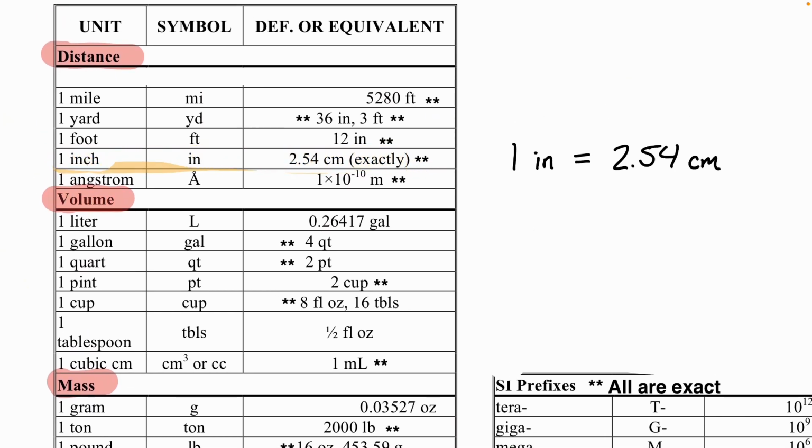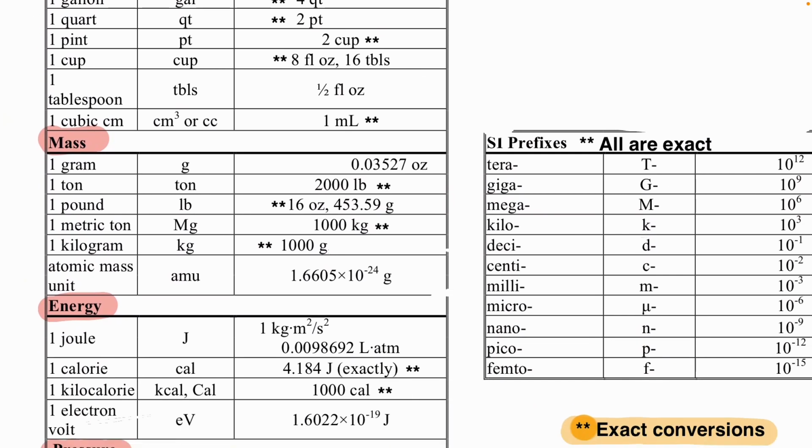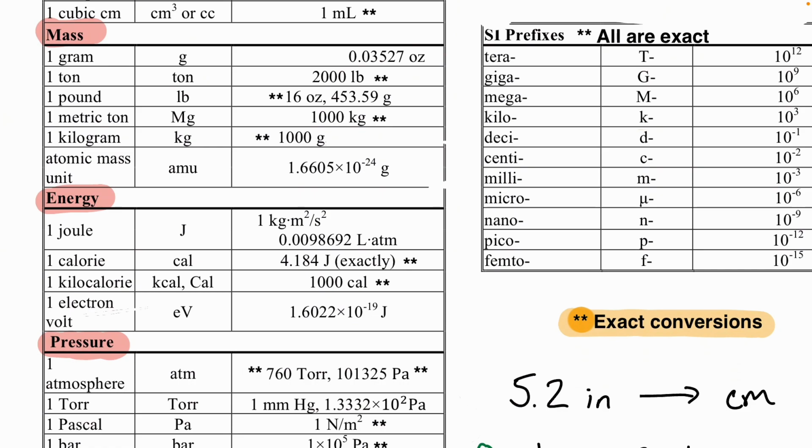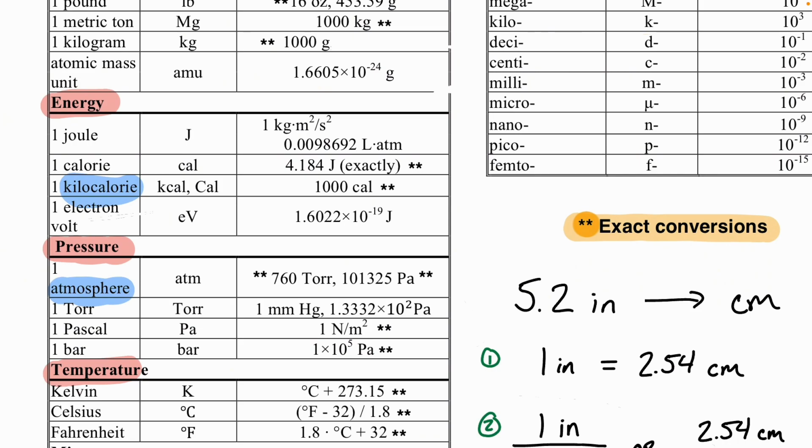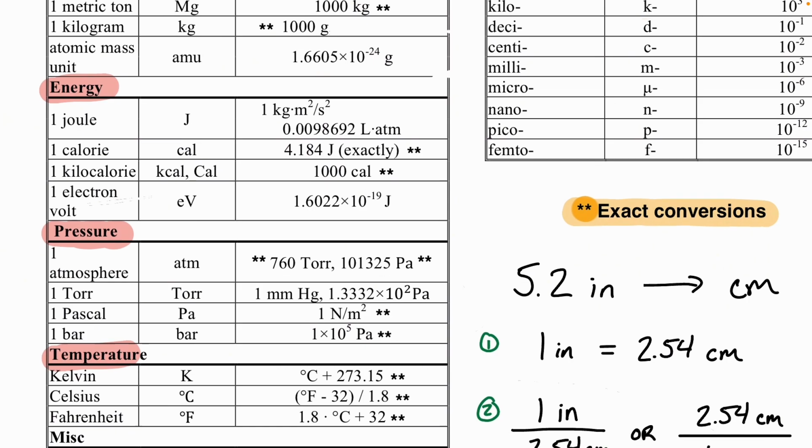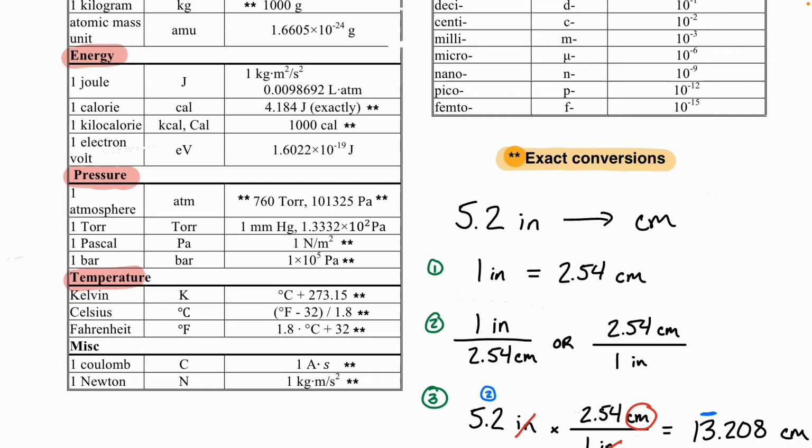Okay, and I think everybody's heard of inches and centimeters, so that might sound a little bit familiar. There's other scary stuff on here that you may not have heard about, like a kilocalorie or an atmosphere. All right, we could convert between unicorns and leprechauns as long as it's on this table right here. Right, the name of the game is just finding that relationship on our table. Okay. So let's do another one here.